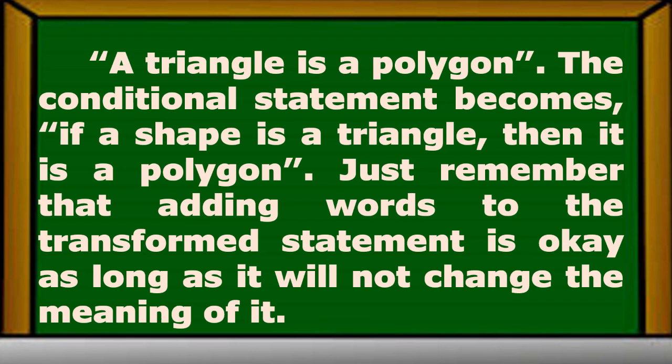Just remember that adding words to the transformed statement is okay as long as it will not change the meaning of the statement. Remember also that an if-then statement has a truth value of true or false. A conditional statement to be true shows that when the hypothesis is true, the conclusion is also true.